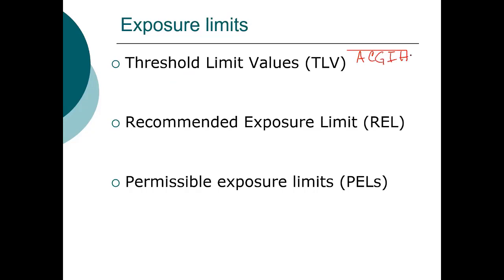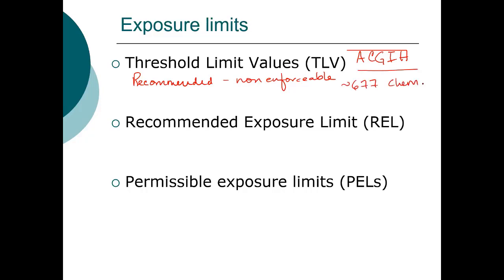These are recommended, okay, so they're non-enforceable, although individual states can adopt these as regulatory limits. So they can be used for regulatory limits, but on a federal level, they are recommended by ACGIH. There are threshold limits for almost 700 chemicals.